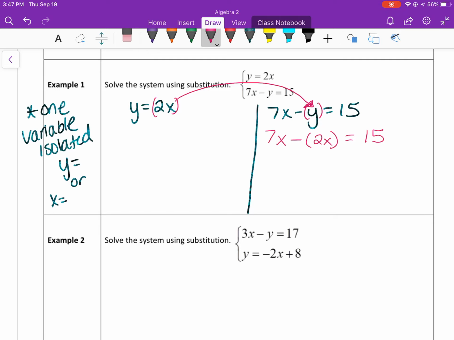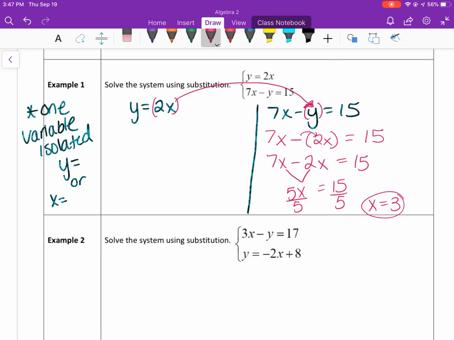And then on the right, I'm going to continue to solve. Since I plugged in x, then now I'm going to solve for x. So this really is just 7x minus 2x. If I distribute that negative here, equals 15. Combine like terms, 5x equals 15. Inverse operations, divide by 5 on both sides, and I get x equals 3.